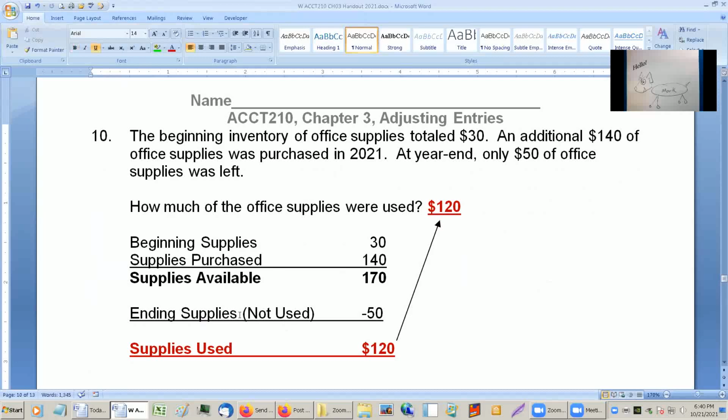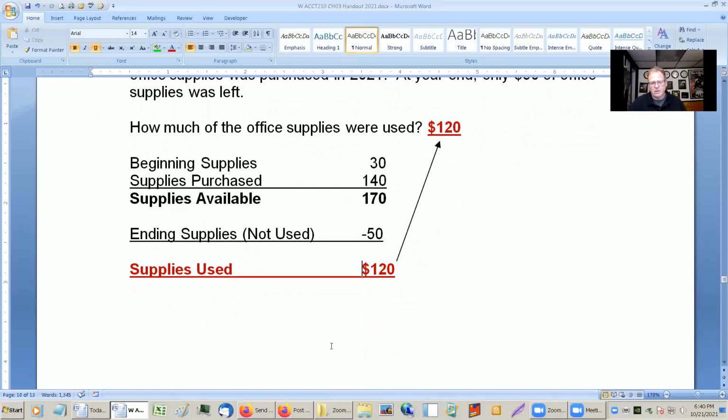But if we have ending supplies, those supplies must not have been used yet. So how much was used? The rest of them, 120 was used.